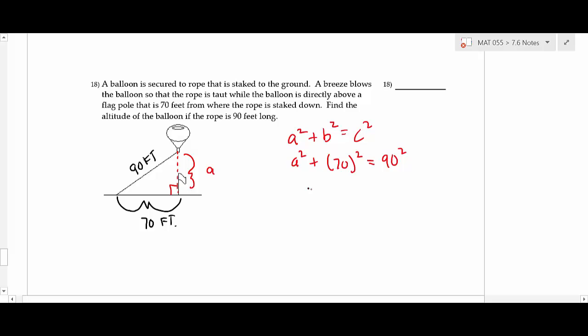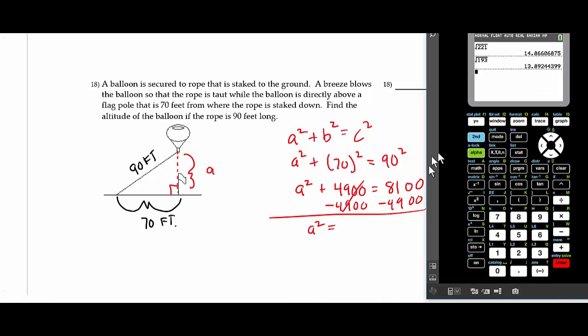You need to go ahead and square everything. So that's A squared equals 4,900. 90 squared is 8,100 like that. Use your calculator if you need to. Now I need to subtract 4,900 from both sides. We're probably going to have to get the calculator out at the end of this problem anyway, just to get a decimal approximation.